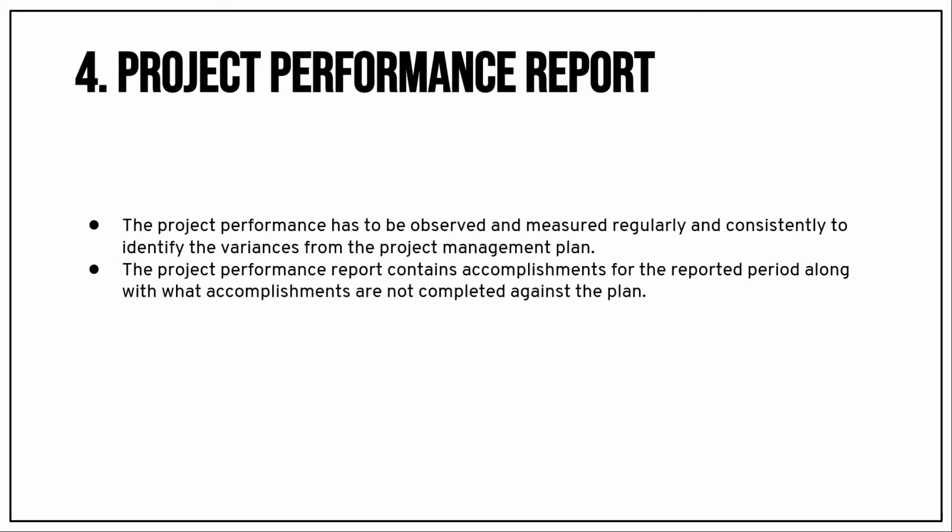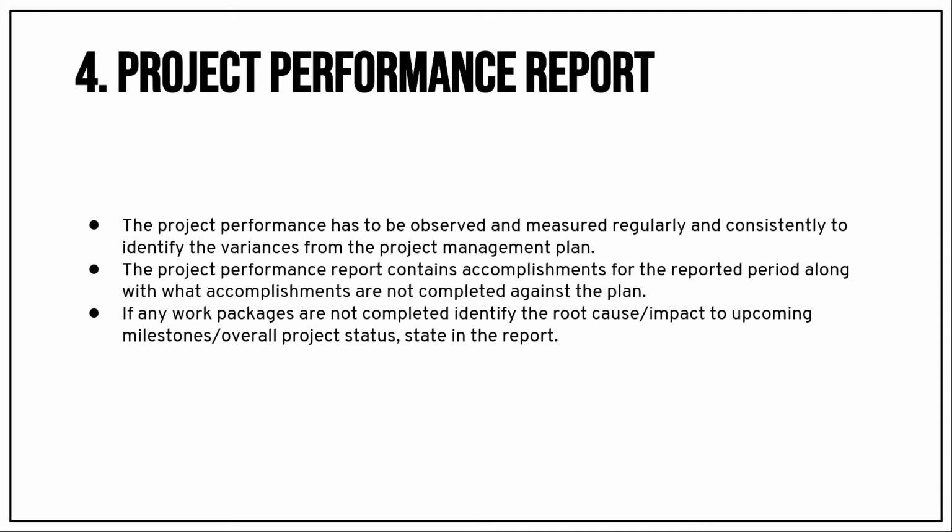And the second one is what are the business value additions we are providing to the customer. So two different major categories are involved in this project performance report. If any work package is not completed, identify the root cause and provide the impact to the upcoming milestone or overall project status in this report.